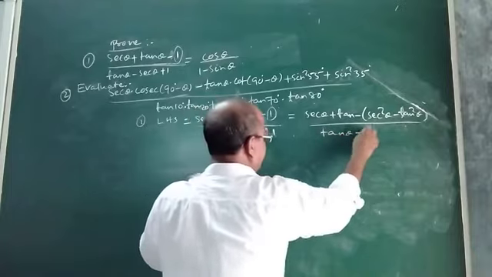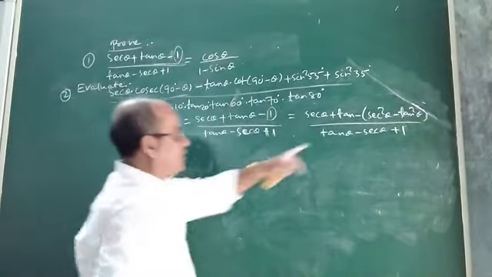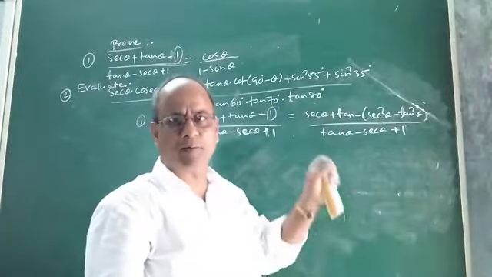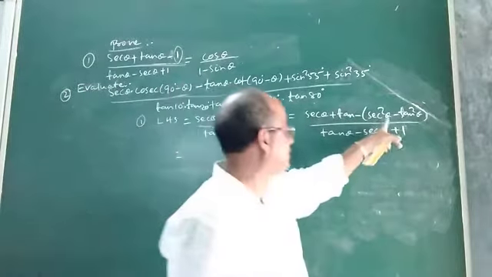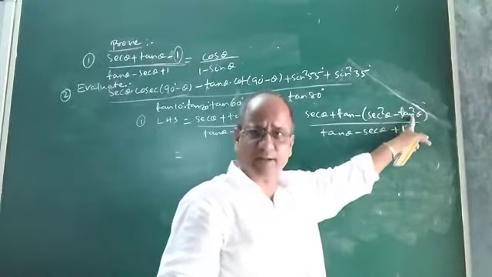The denominator is tan theta minus sec theta plus 1. Now look at this expression, sec square theta minus tan square theta. It is in the form of a square minus b square, whose formula is a plus b into a minus b. So we can write it as sec theta plus tan theta into sec theta minus tan theta.